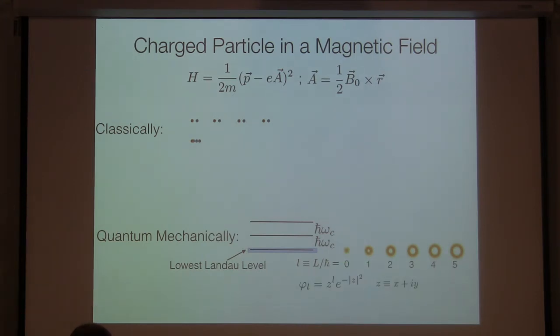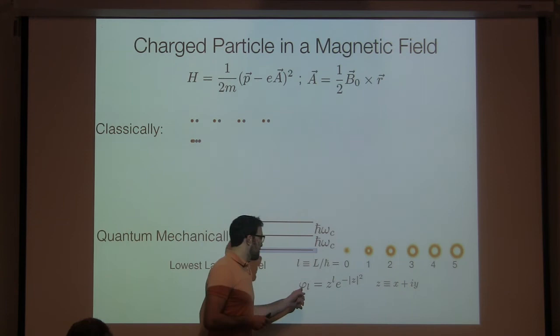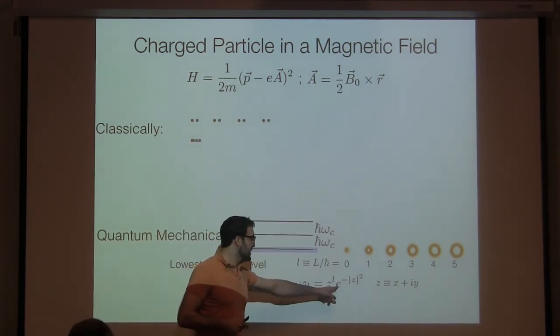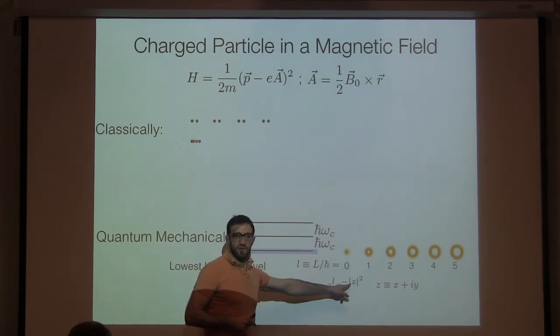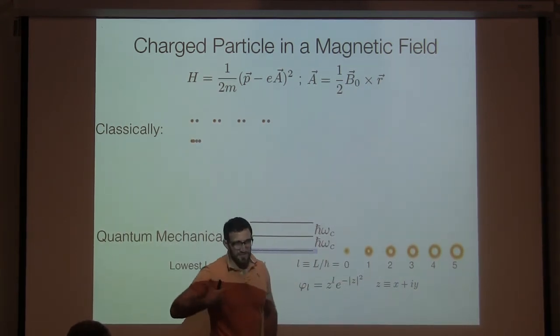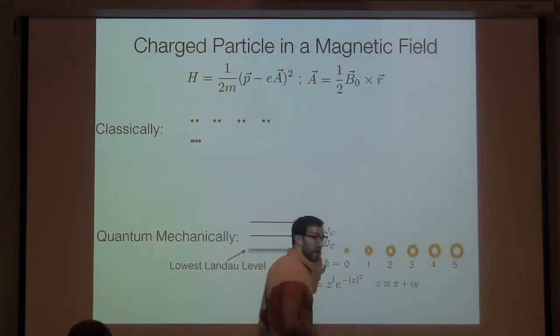And the thing that's worth noting is that there's a beautiful way to write down these eigenstates. You can write the eigenstate with angular momentum L as z to the L times e to the minus magnitude of z squared. So what is magnitude of z squared? It's r squared. And z here is x plus iy.